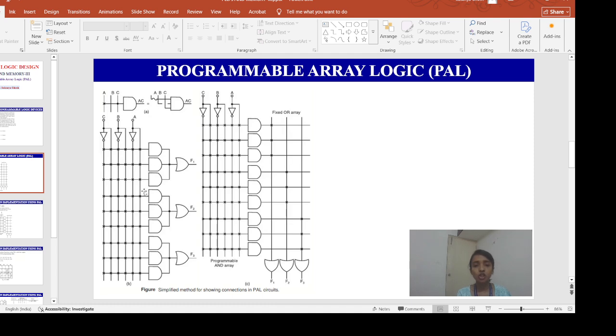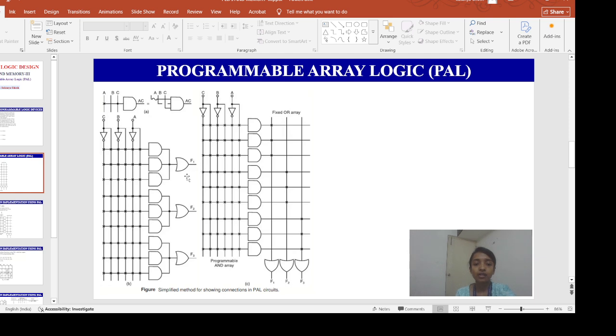This figure shows an example of how the PAL structure is represented using the abbreviated connection. It has a 3-input wide AND-OR structure. In this example, each function can have 3 product terms.